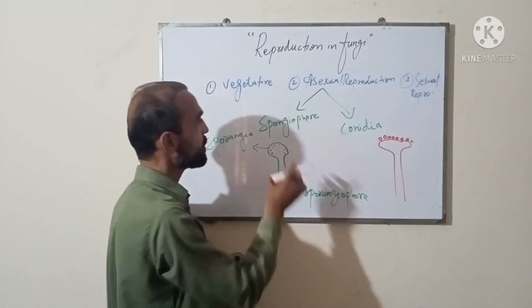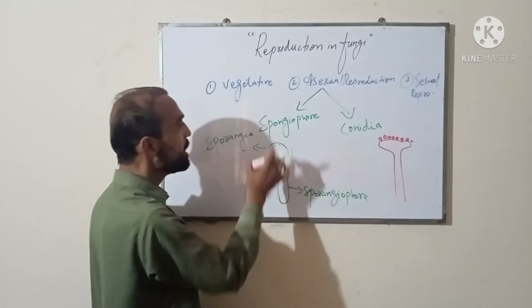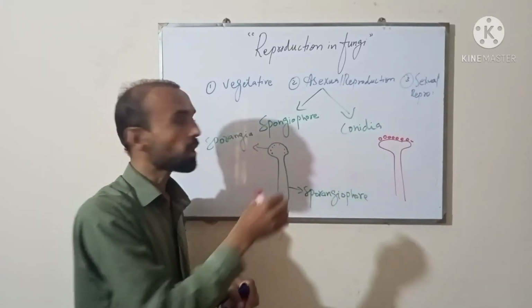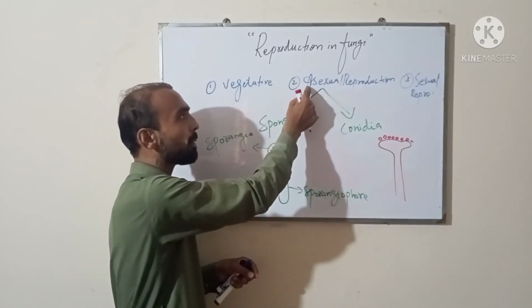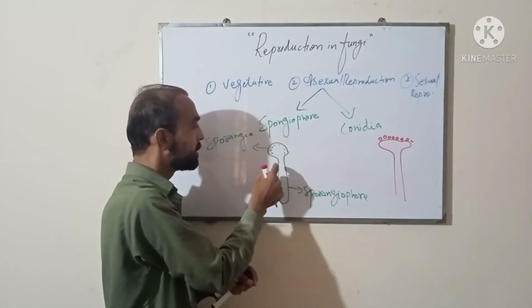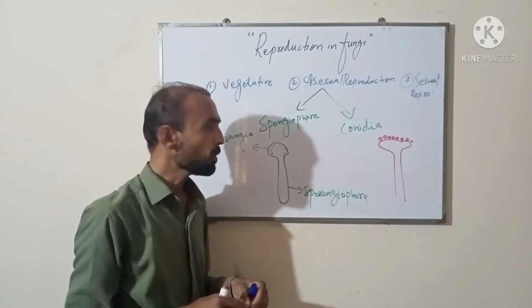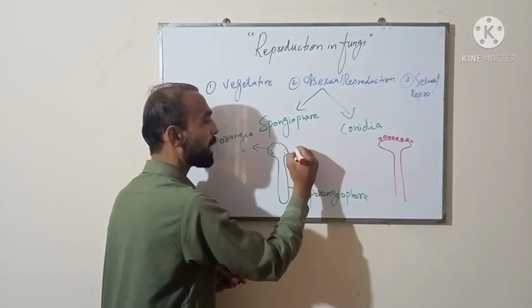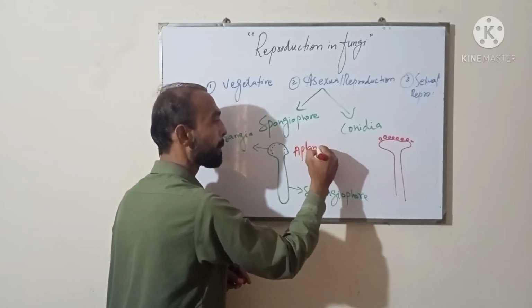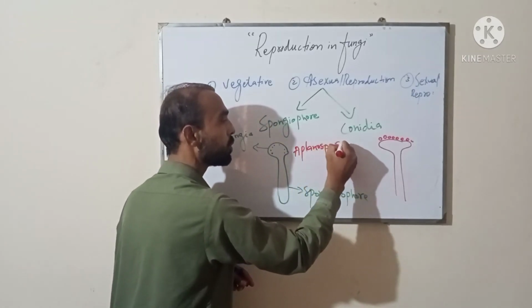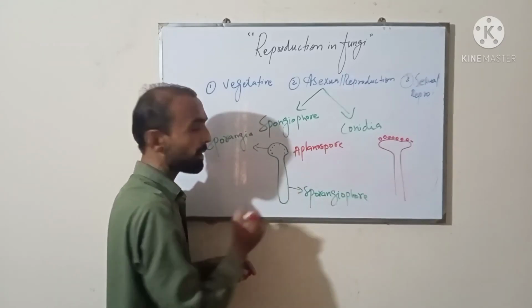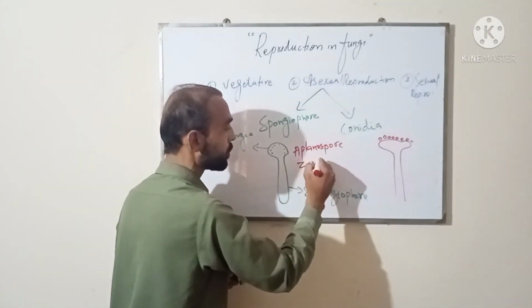Therefore, the main difference between sporangiophore and conidia is as follows. Sporangiophore is a type of asexual reproduction in which spores are produced. This produces two types of spores: one is aplanospore, and the second is zoospore.